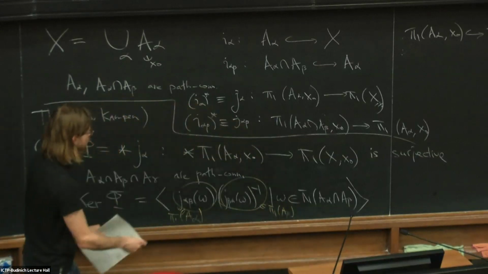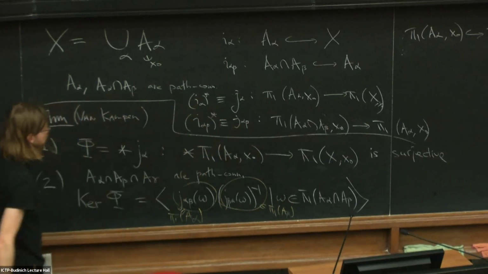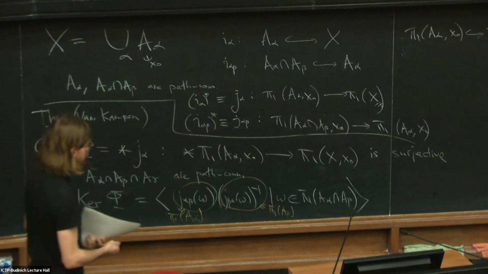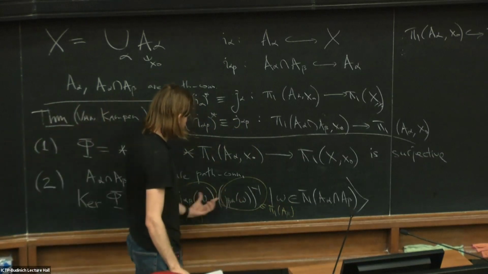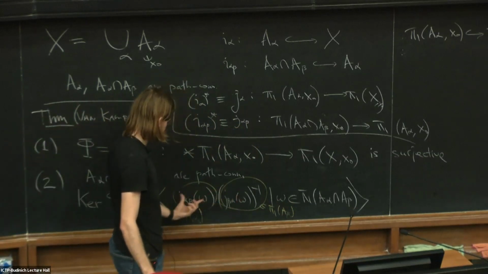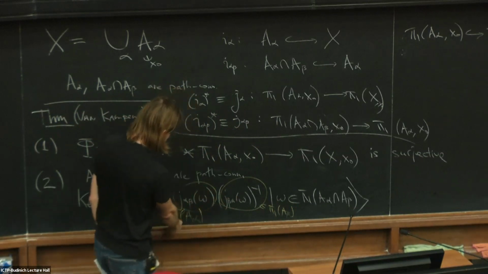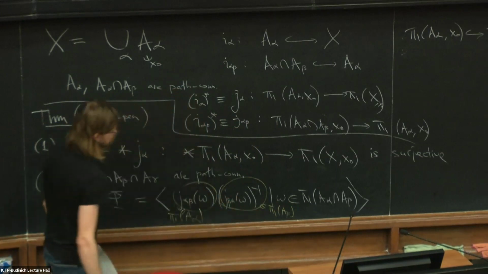This is just by definition of how your J alpha beta acts. So if you want to understand this as a kind of word with two symbols, one symbol is an element of this group, and the other is an element of that group. So it defines a particular element. I confused the word.